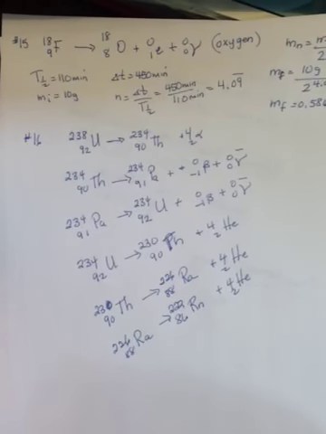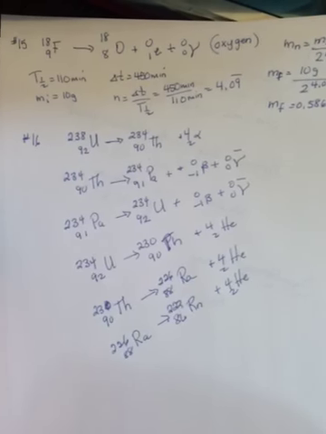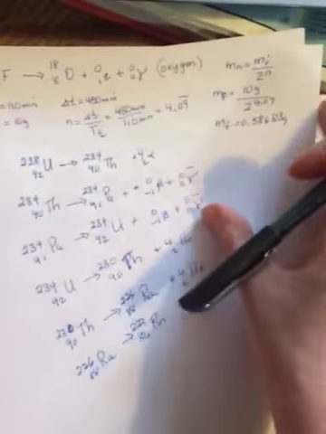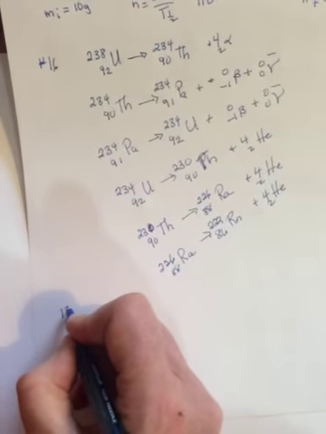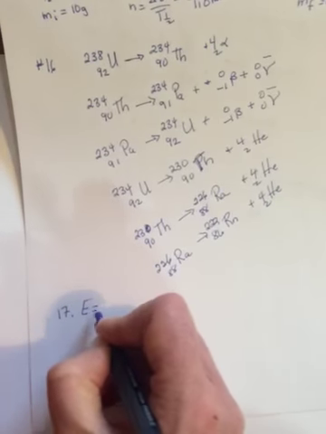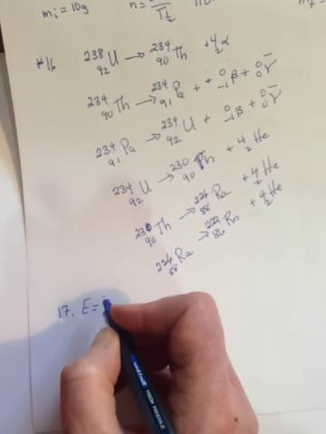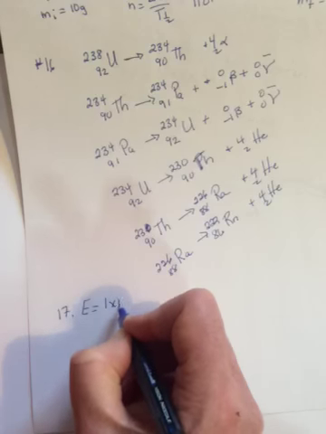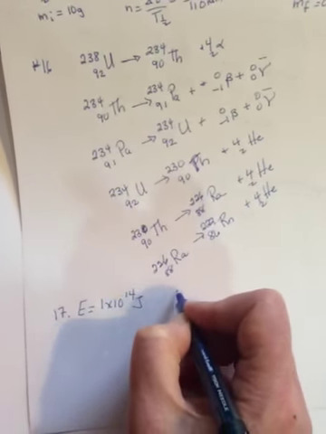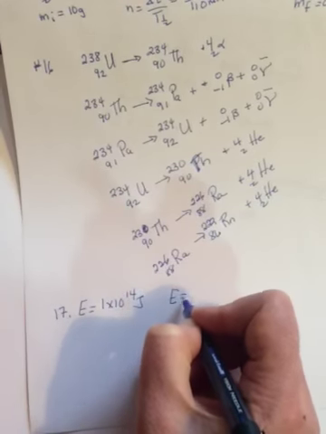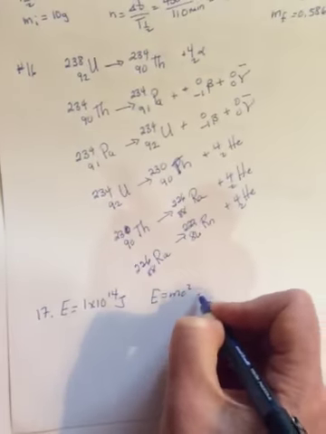Number 17, the first atomic bomb released 1 times 10 to the 14th joules of energy. What was the mass of the uranium-235 that was fissioned to produce it? So they're telling us the energy is 1 times 10 to the 14th joules, and it wants the mass. Well, we know E is equal to mc squared.